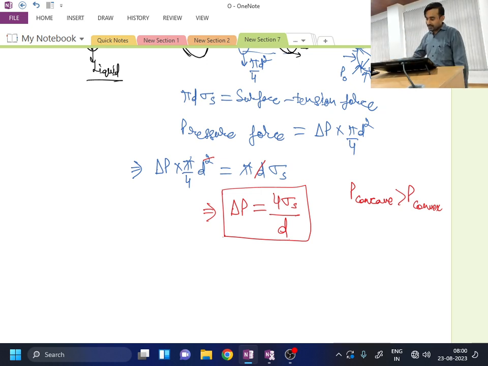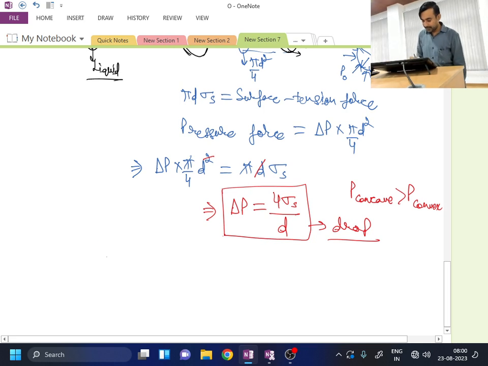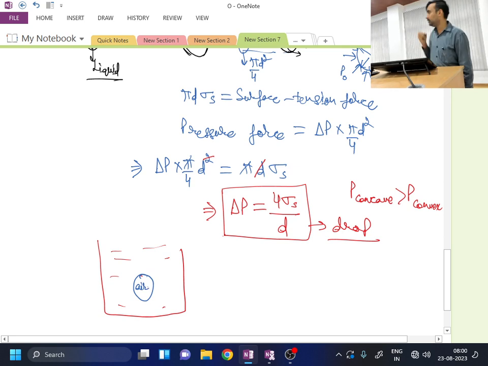Okay. Now, the formula we have derived for the drop will also be applicable for a bubble present in a surrounding liquid medium. If I consider that I have water filled inside some container, and inside this container I have a spherical air bubble of diameter d, then you will find that here we have only a single liquid gas interface.